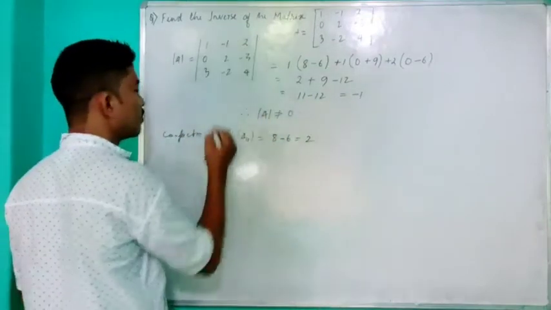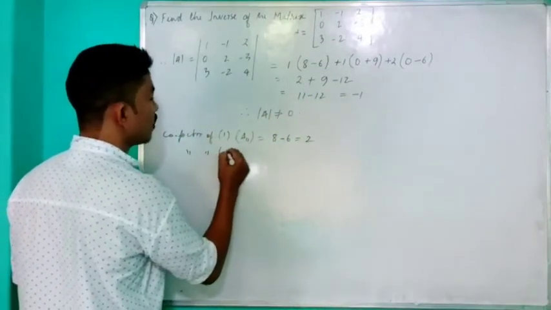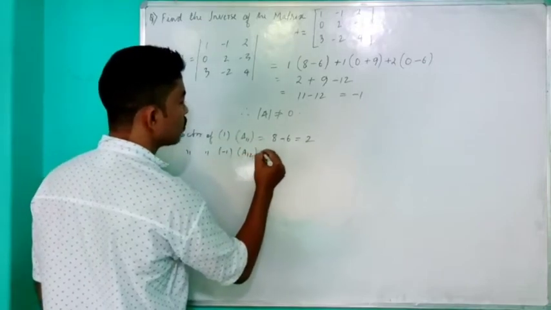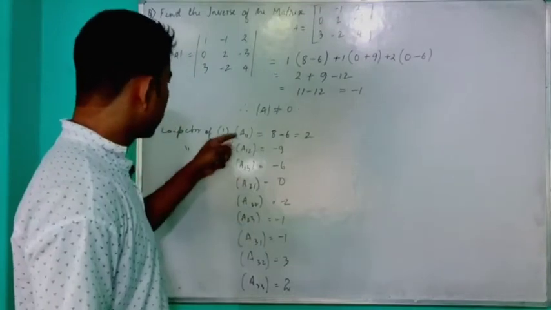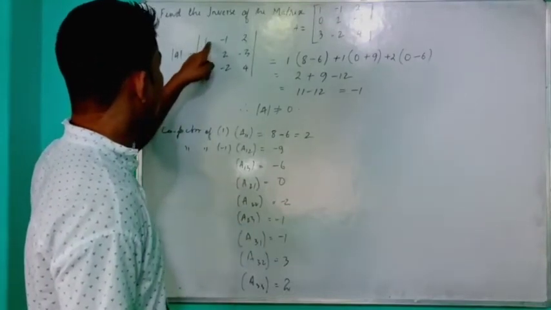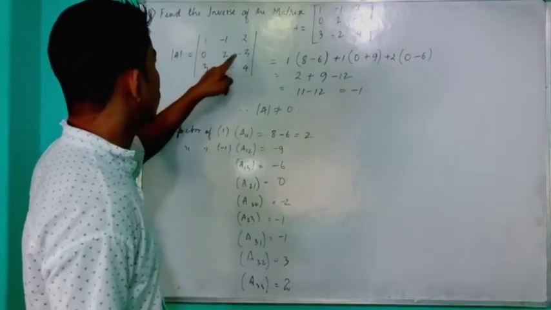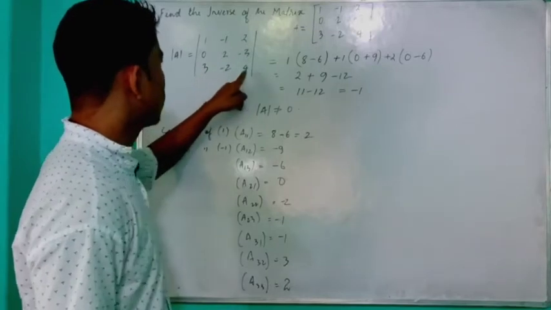In the same way, I'll find the cofactor of the second element, minus 1, that is A12. Here I have written down the cofactor of each of the elements: 1, minus 1, 2, 0, 2, 3, minus 3, 3, 2 and minus 4.